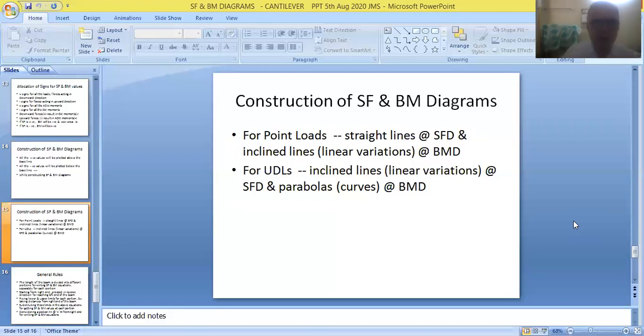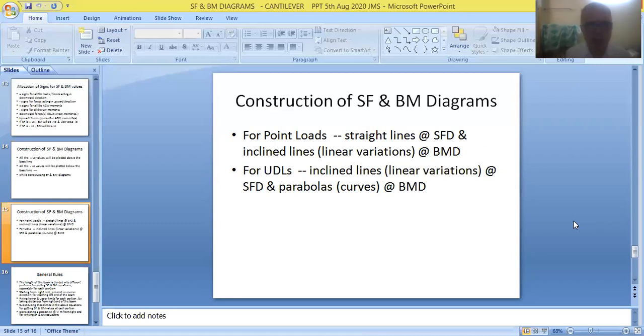So for point loads, straight lines must be used at SF diagram, and inclined lines must be used at BM diagram. And similarly, in the case of UDLs, inclined lines will be coming at SF diagram, and parabolas will be coming at BM diagram.